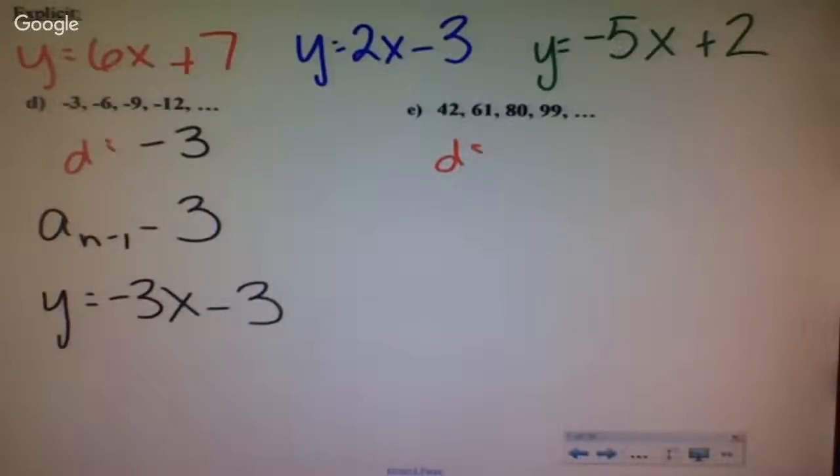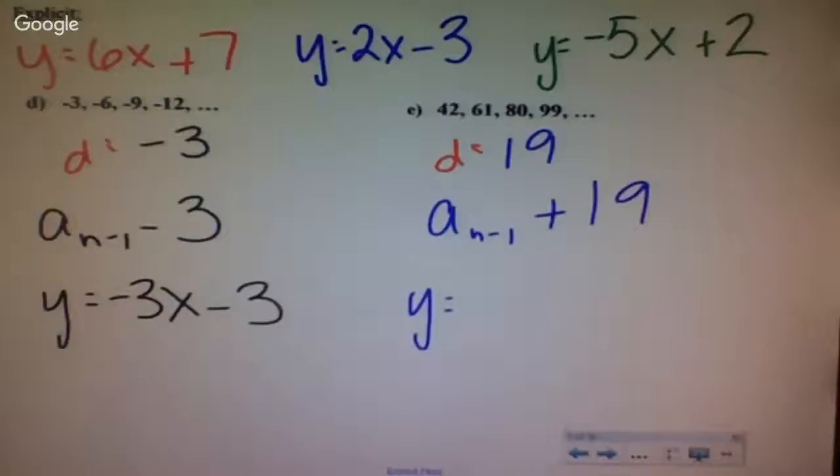Finally, my last one. 19. So explicitly, every time I'm adding 19 to my numbers, which is y equals 19x. And this time I started at 42, so plus 42.